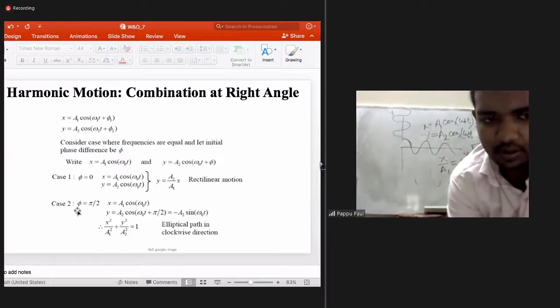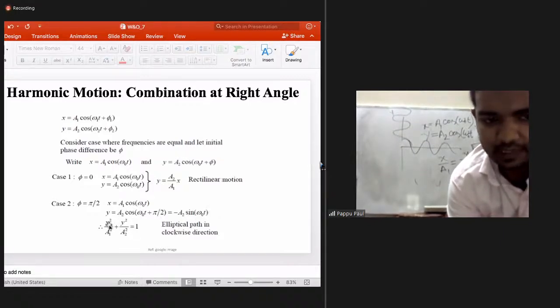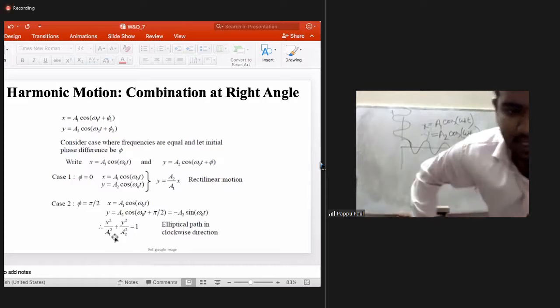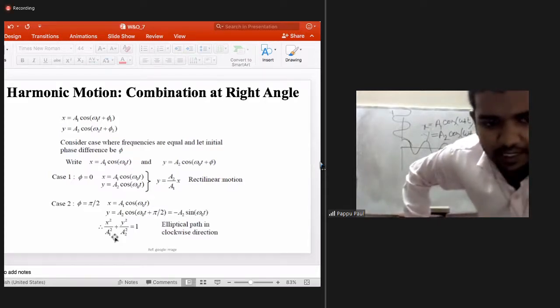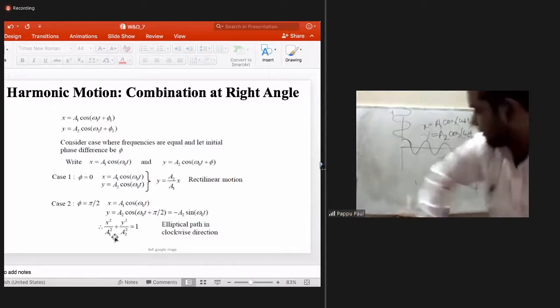Phi means the phase difference of x and y. Okay, if the phase difference is pi by 2, then we can write both our equations like this. After this, how can we write x square by a1 square plus y square by a2 square is equal to 1?